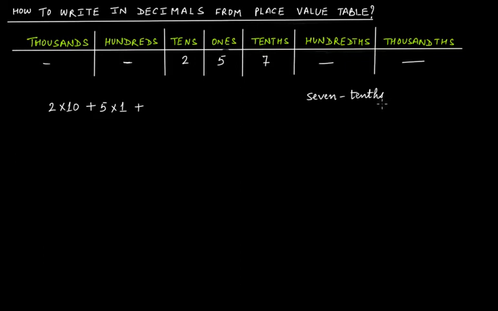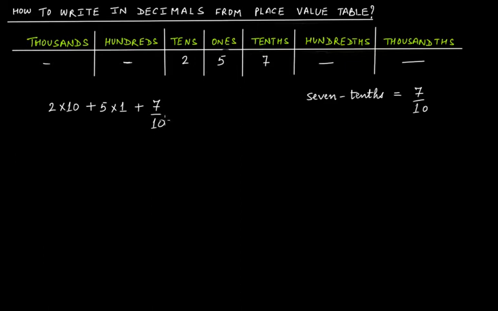Now, what fraction does 7 tenths represent? The fraction represented by 7 tenths is 7 over 10. So this will be written as 7 over 10.